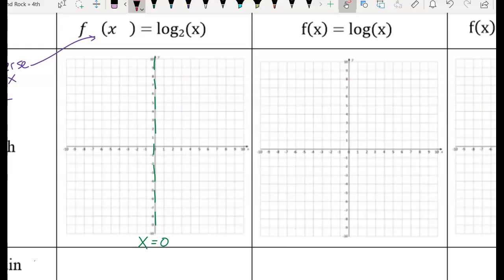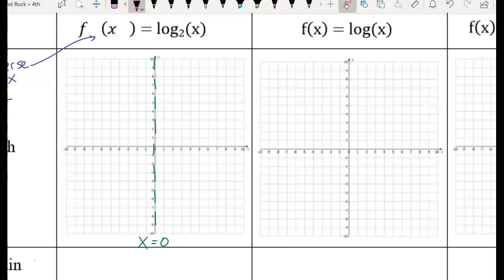What do you think is the easiest number to plug in for x on a log? You don't want to plug in 0 because that's asking the question, what power do you raise 2 to equal 0? That's why the asymptote is created, because you can never raise a number to something and have it equal 0.